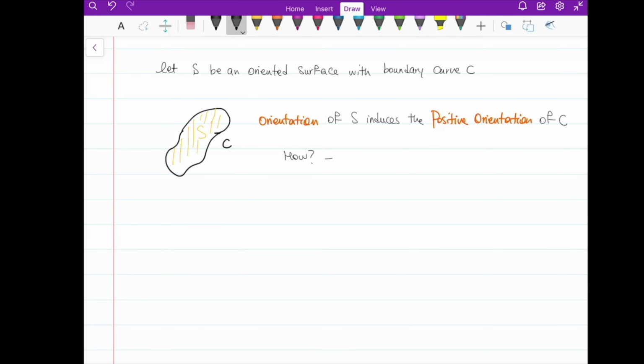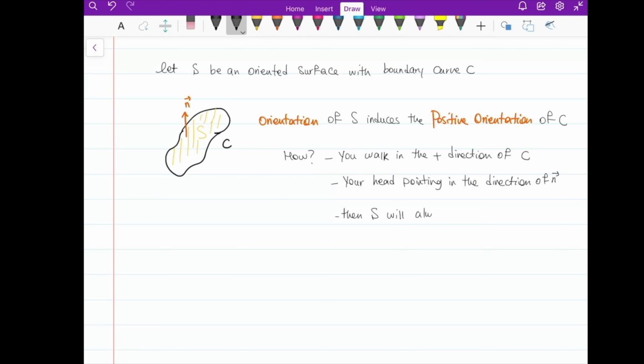Well, we say that if you walk in the positive direction of C, such that your head is pointing in the direction of N, where N is the normal vector of the surface S, then S will always be on your left.